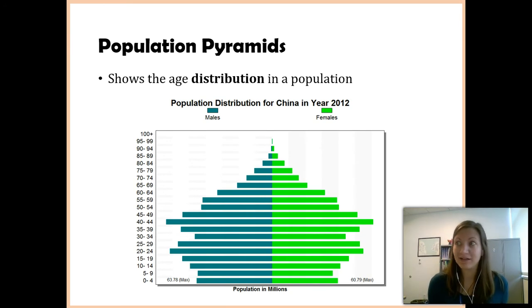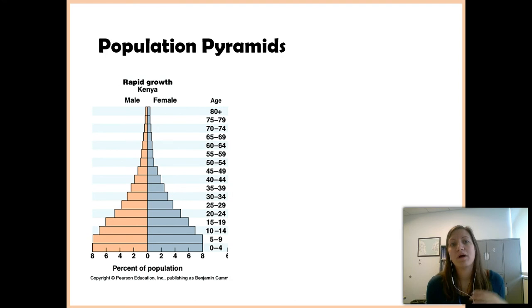No one talks about it because no one really cares, and they understand the importance of doing that. So although it may seem like a bad thing socially, for the environment, the resources, and really the economic and social welfare of the country, it made a huge impact. So that's one example population pyramid.